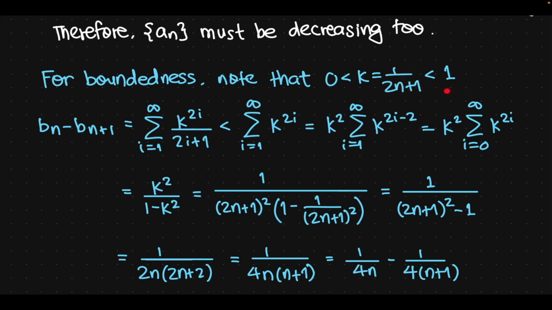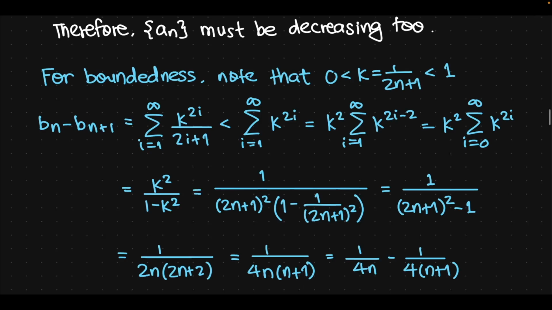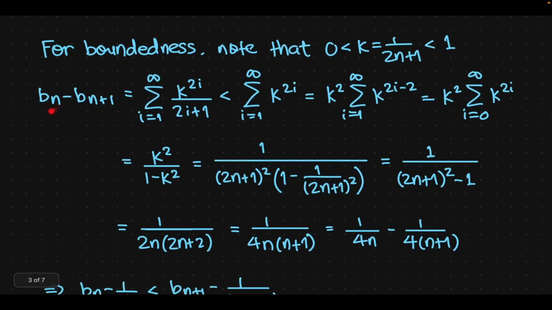Those are always going to be strictly less than 1 just because they're fractions, like 1 over n, for example. So we have bn minus bn plus 1 equals the sum from i equals 1 to infinity of k to the 2i over 2i plus 1, which is less than, using this inequality, the right side of the inequality, the sum from 1 to infinity of k to the 2i.